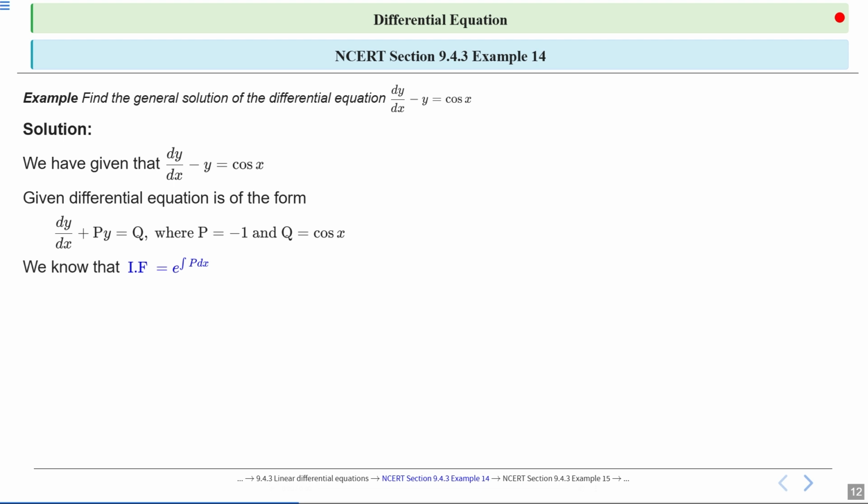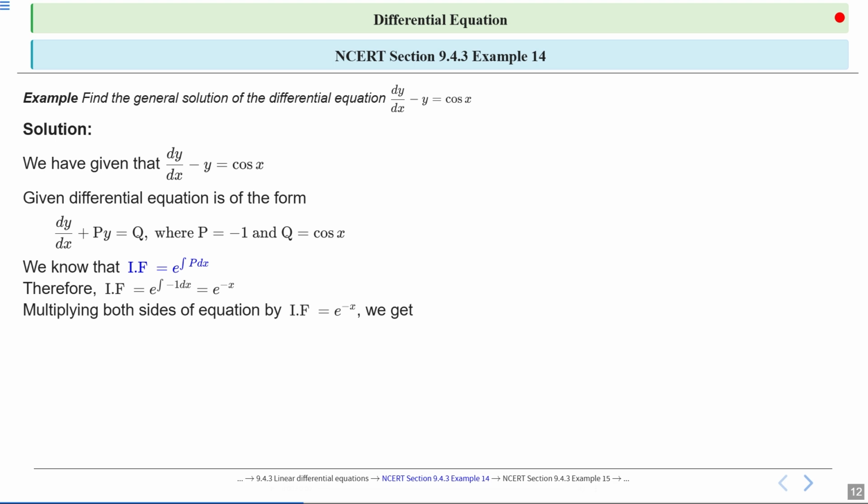So in the second step, we have to calculate the integrating factor, that is e to the power integral of p dx. As the value of p is minus 1, the integrating factor is e to the power integral of minus 1 dx, that is minus x, so the integrating factor is e to the power minus x.